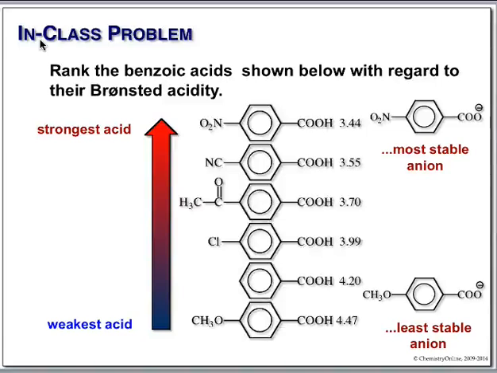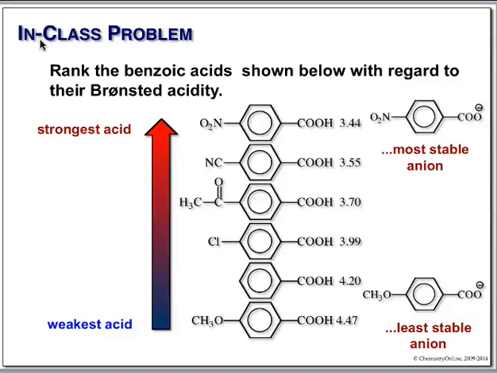These guys deactivate the ring. This activates the ring. Any questions?